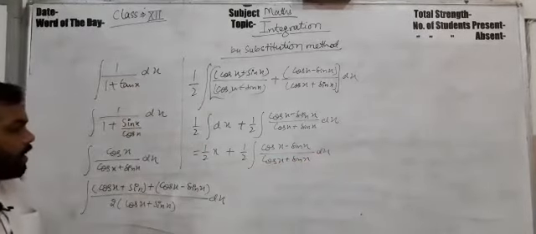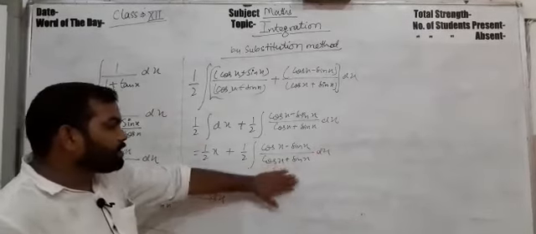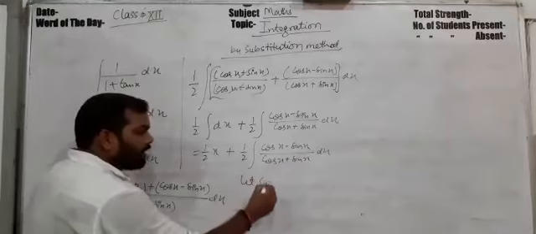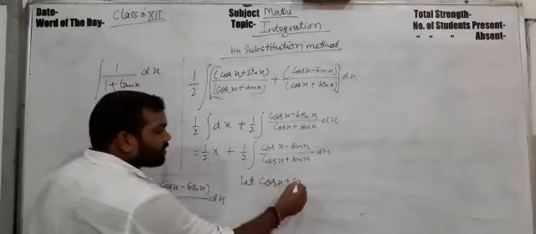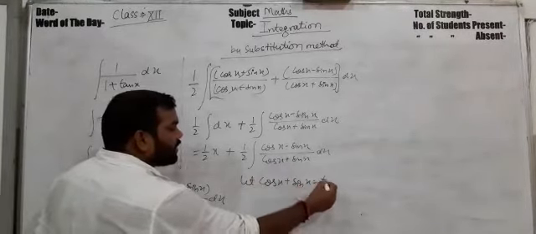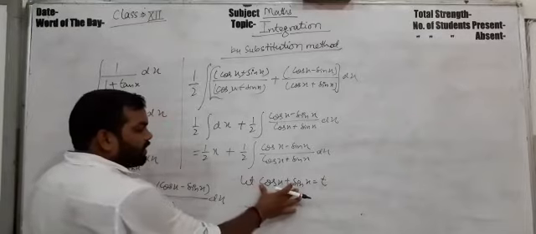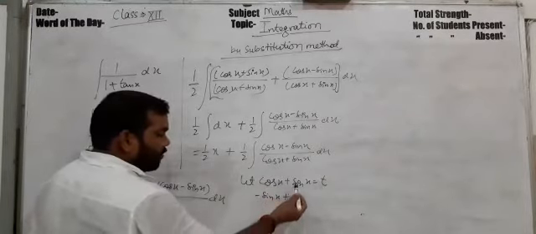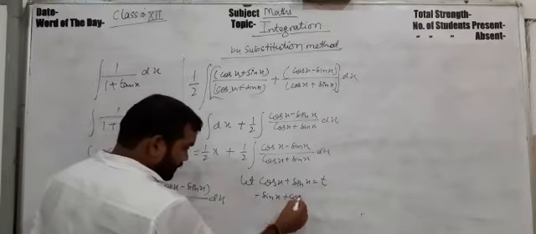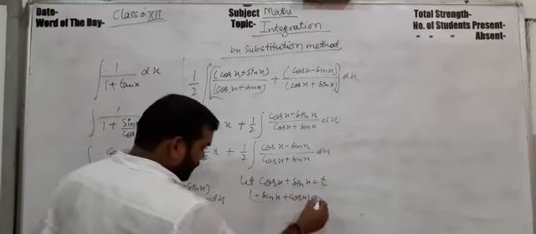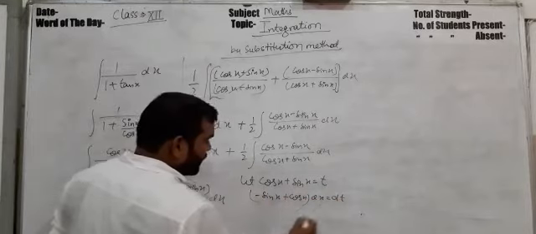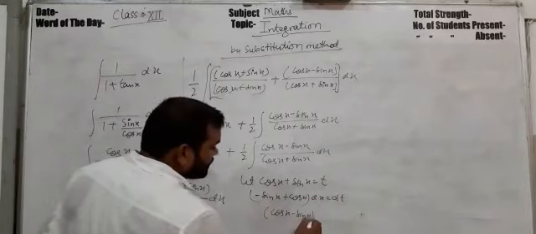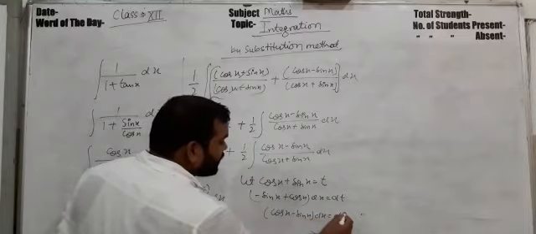Now for this we will substitute cos x plus sin x as t. Let cos x plus sin x is equal to t. Differentiating, differentiation of cos is minus sin x plus differentiation of sin is cos x, into dx is equal to dt. This becomes cos x minus sin x dx is equal to dt.